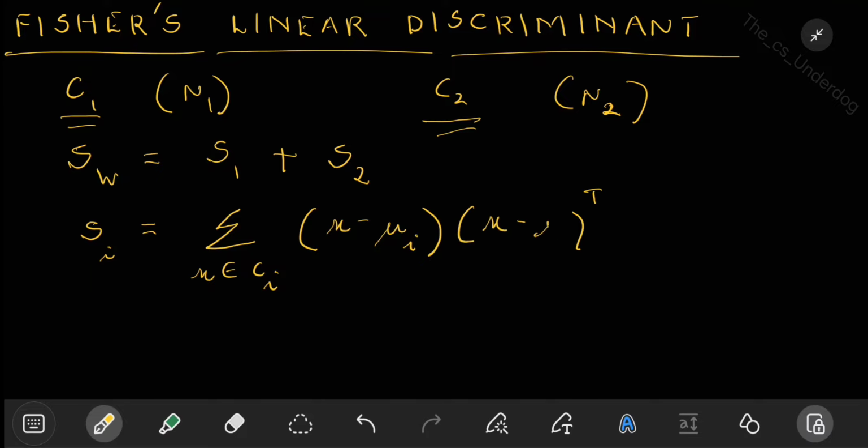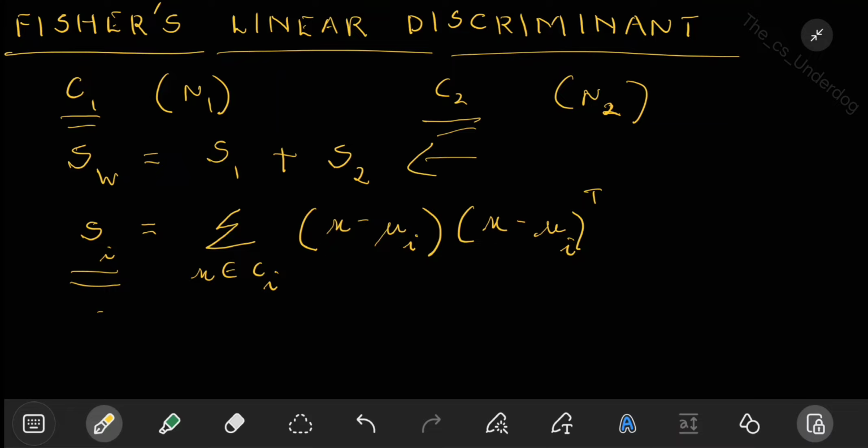So this is how you find the scatter matrix. We already went through the variance lectures, so you already know how to find the variance. This you have to find for class 1 and class 2, and then add up to get the within class scatter.